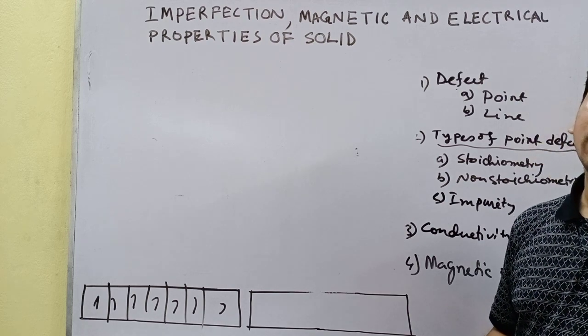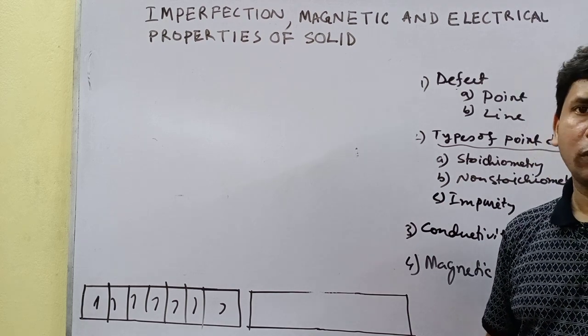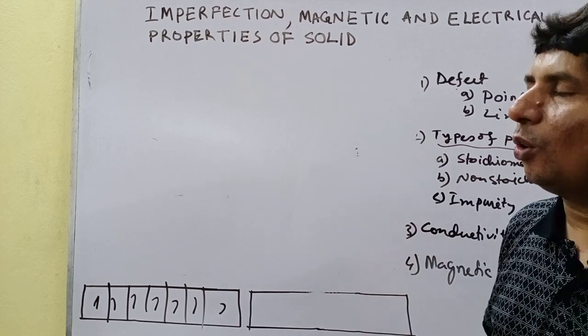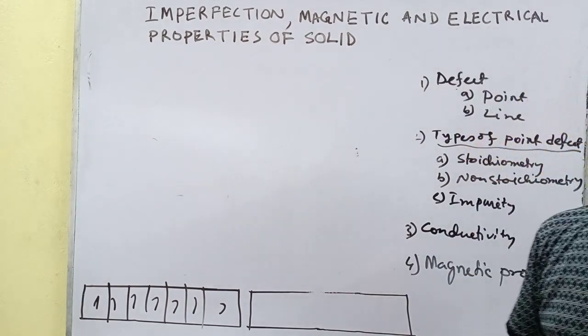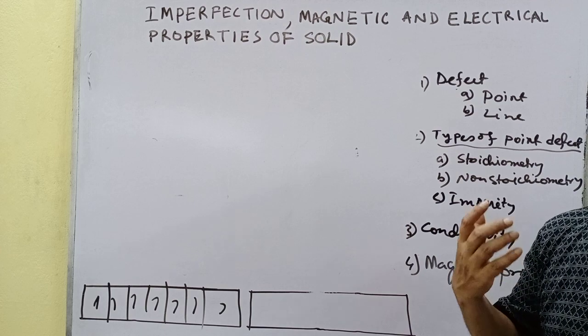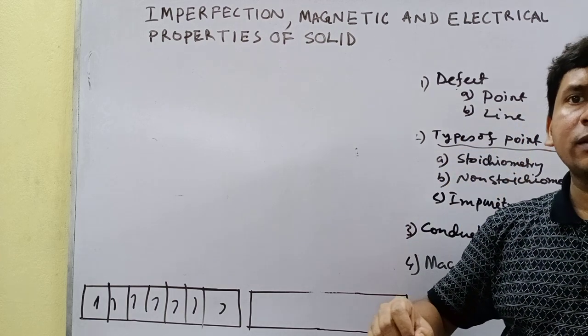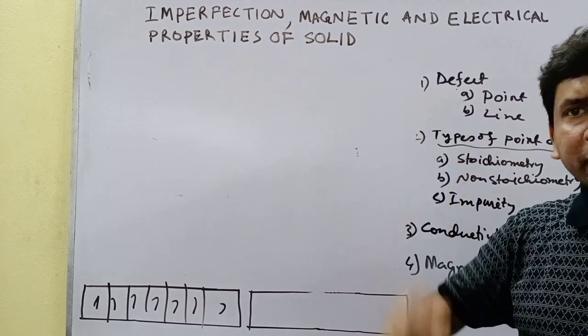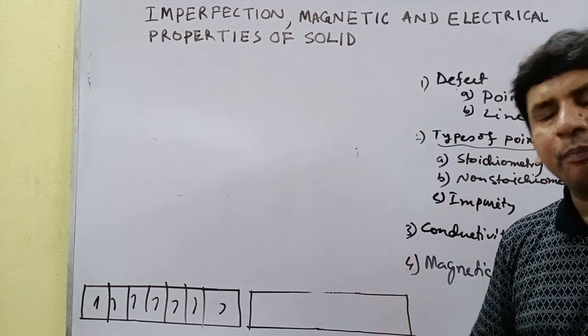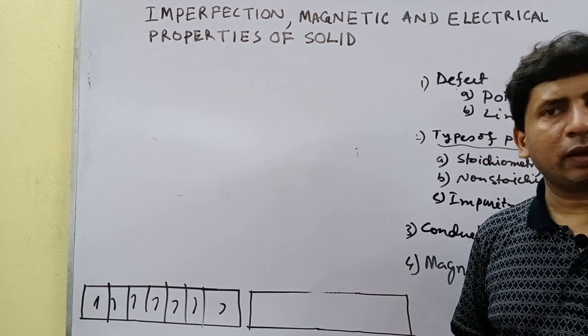It will show magnetic property also. Iron, nickel, cobalt, gadolinium, etc. are ferromagnetic substances. That means they contain permanent magnetism even in the absence of a magnetic field, okay.